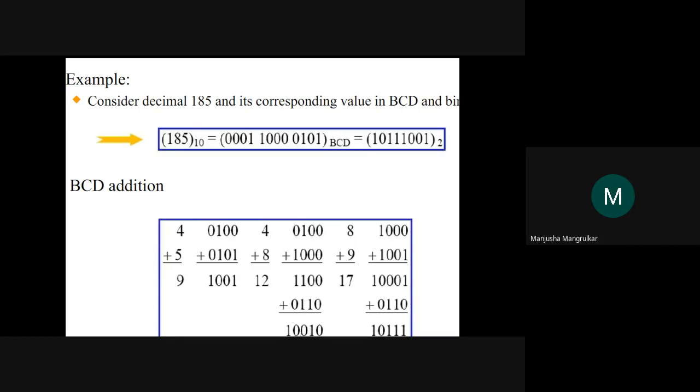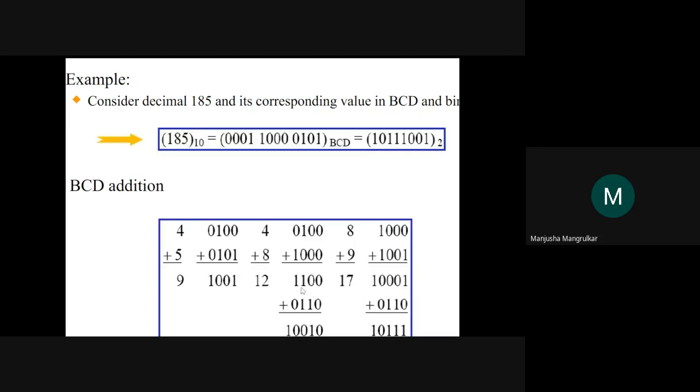So 4 is 0100, and 8 is 1000. Now 12 is the answer, 4 plus 8 is 12, but your addition is 1100, which doesn't represent a BCD digit.